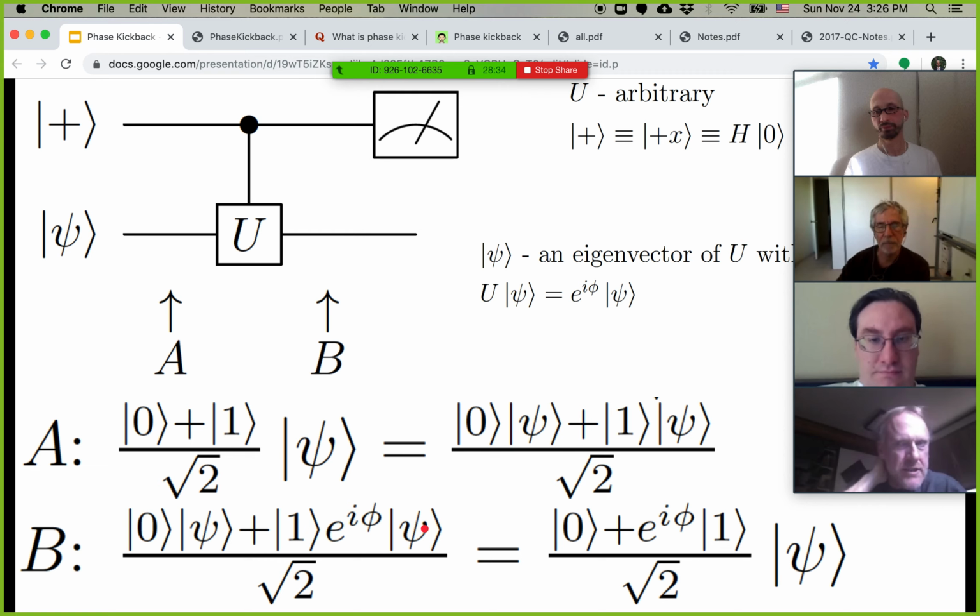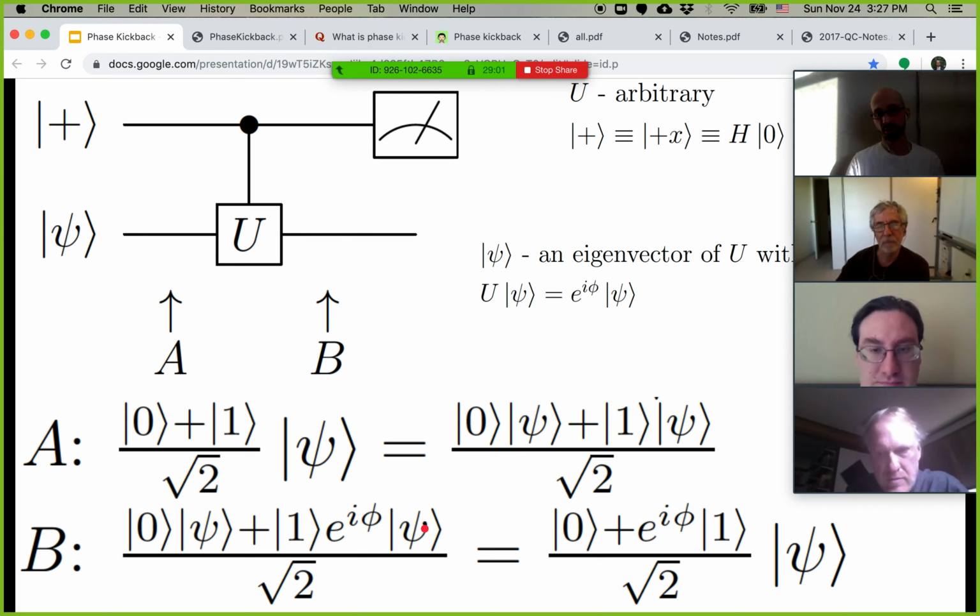Correct. Yes. Tensor product. Yes. So because we can factor psi out, that means it's the only way to factor it out.